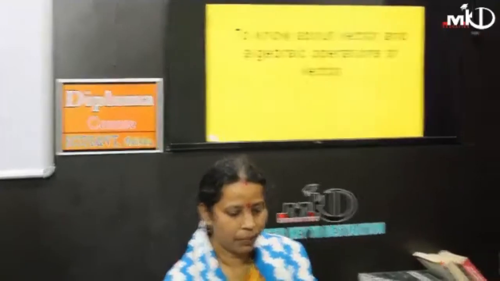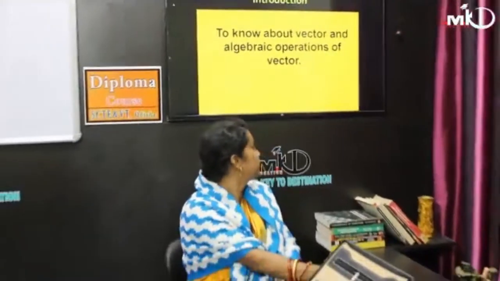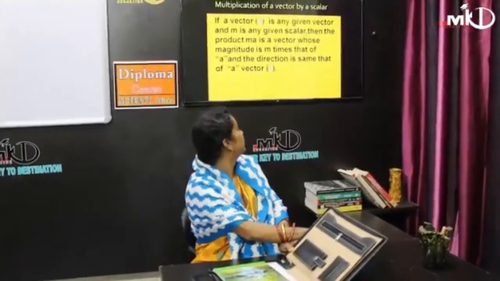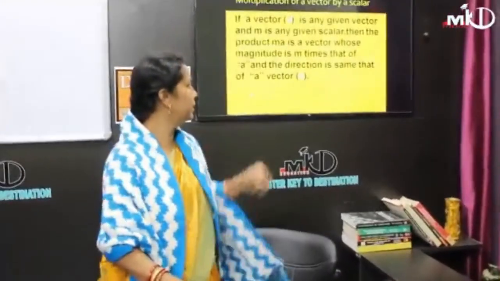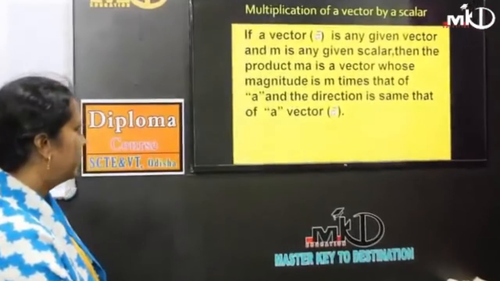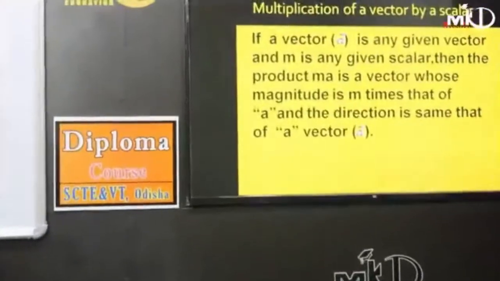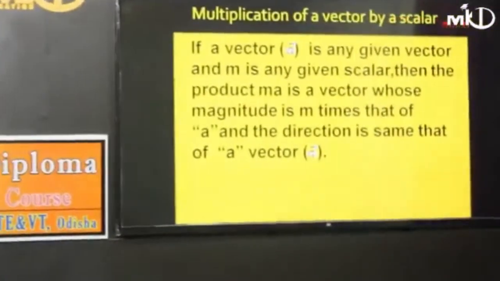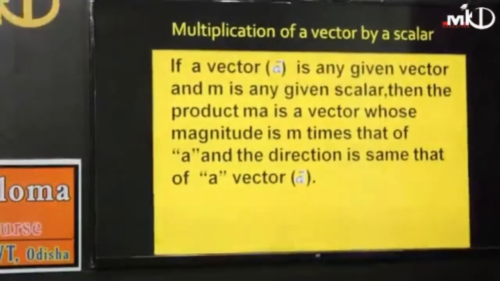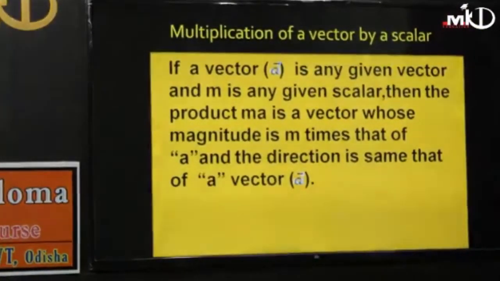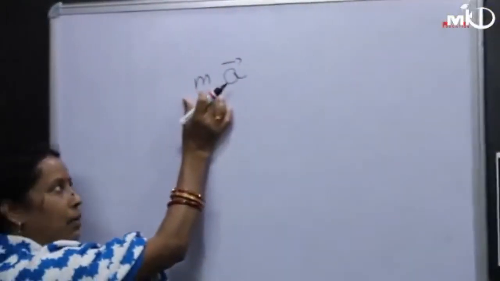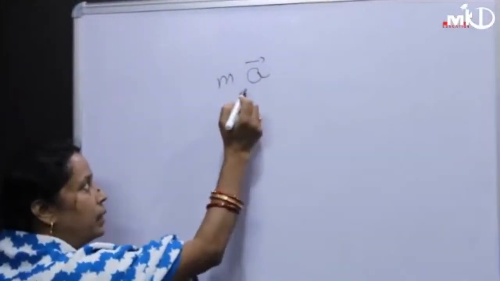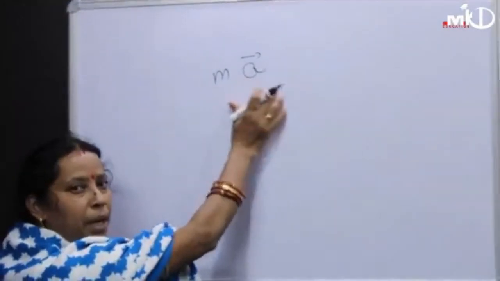Now we find the multiplication of a vector by a scalar. Suppose we have one vector, a bar, and a scalar quantity, m. When I multiply this scalar quantity with this vector, the product is m a bar.